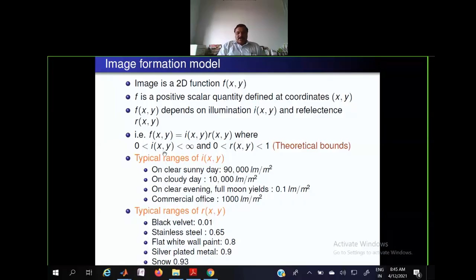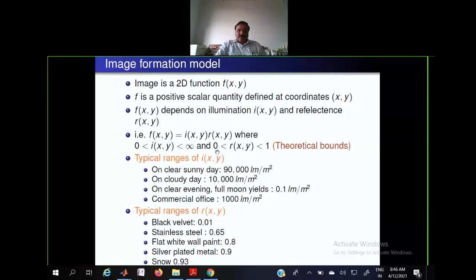Now all of you know that illumination can be controlled by us. That means I can increase the illumination by just increasing the power given to that source. Of course, illumination could go even up to infinity. That means it can be very high. Minimum is zero. That means there is no light that is falling on the scene.